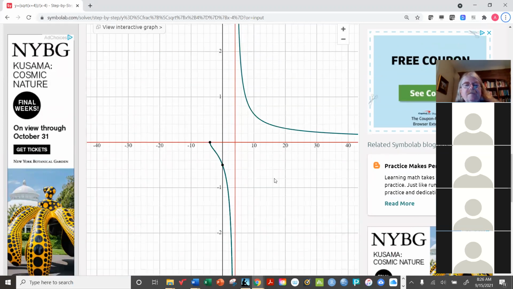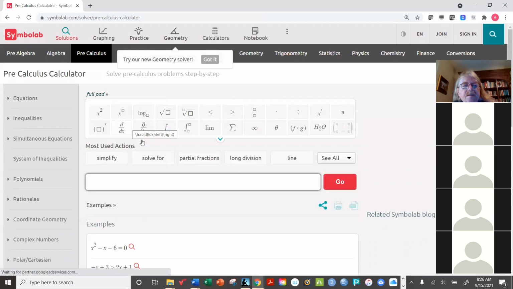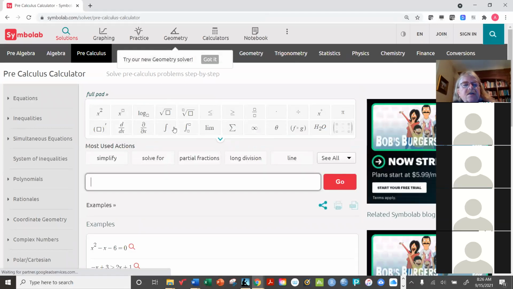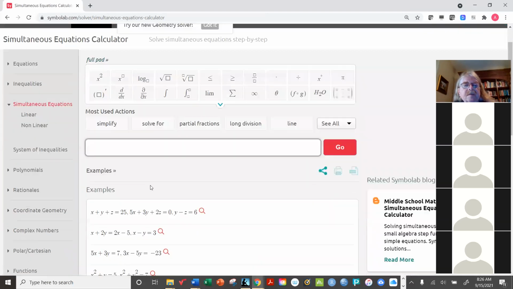But the value of this thing is even if you don't pay for the subscription, you can always graph the function and take a look at it. And some of the things that you need could still be down here. And if you look over here, they've got all kinds of stuff. For pre-calculus, they figure these are the functions you'll need, but what if you're doing simultaneous equations?